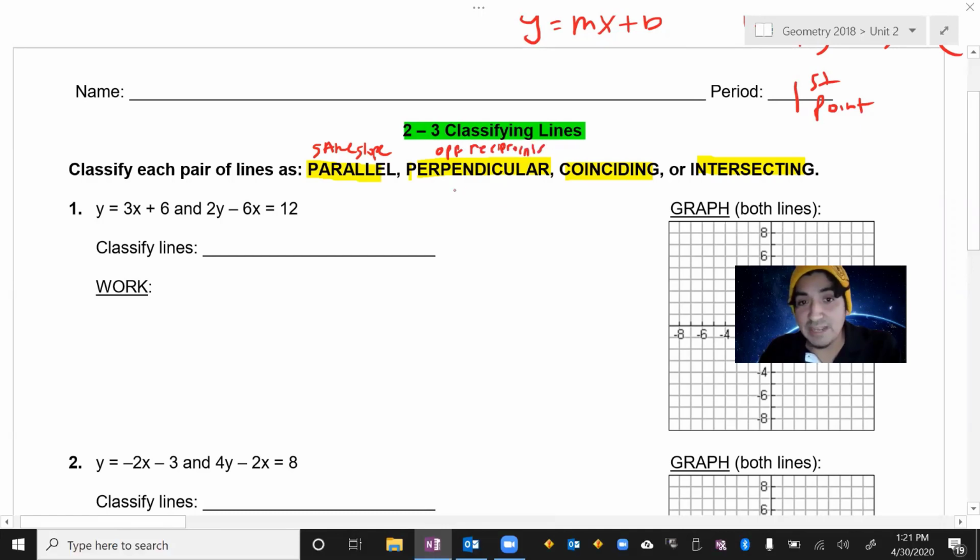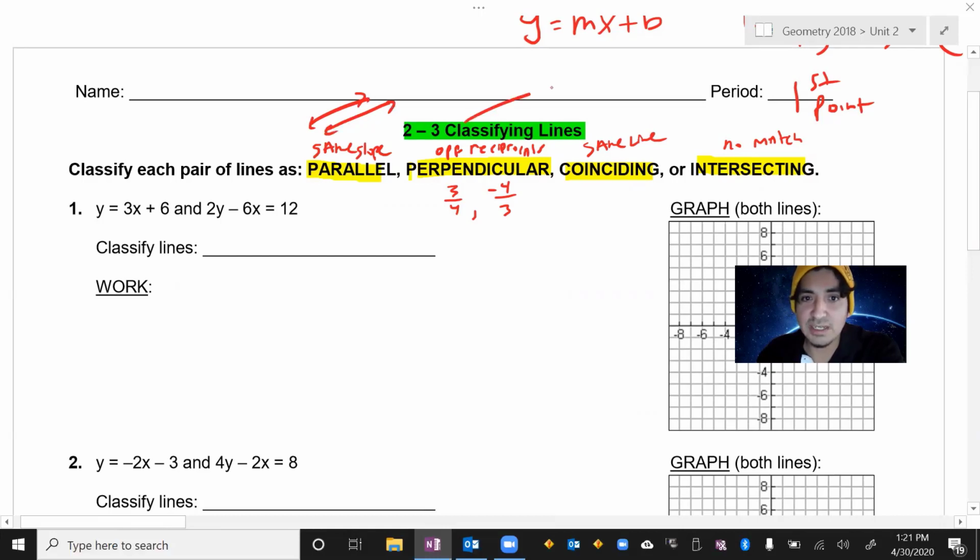If you need a little example, you can use 3/4, and then opposite reciprocals and opposite signs. So one's going to be a -4 and one's going to be a 3. They're flipped. Coinciding means they're the same line. And intersecting, they don't match, no match.